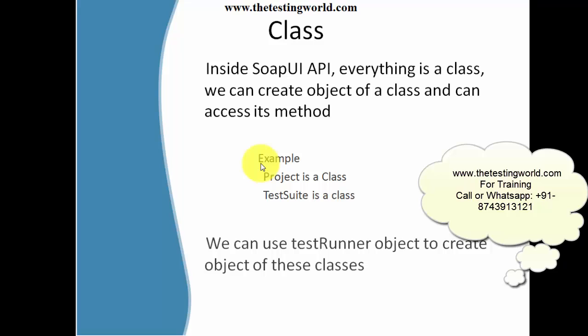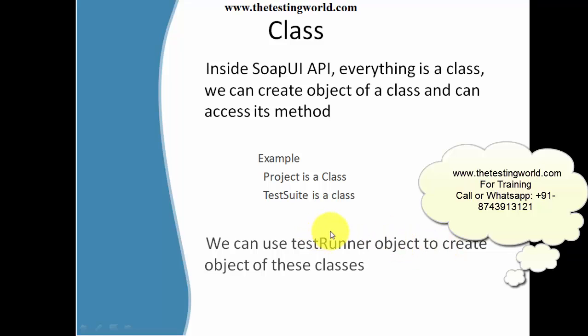We can create the object of these classes and access their members. So here we can give the example like project is a class, test suite is a class. We can use the testRunner object to get access to the objects of these classes. We can start with the testRunner object.